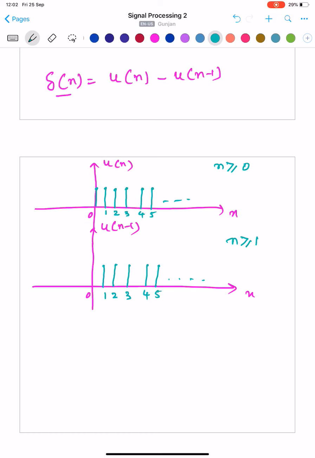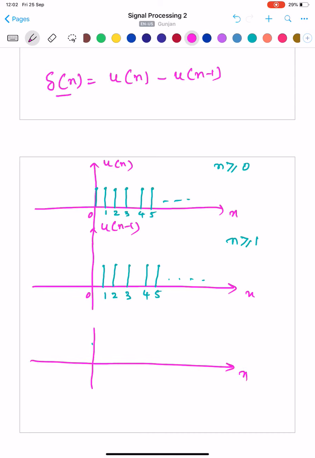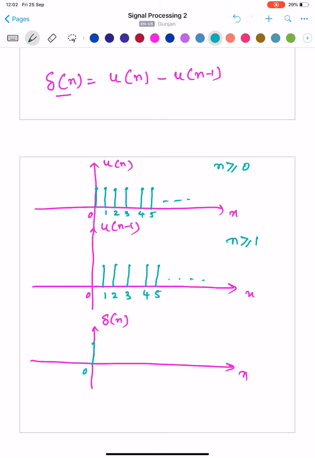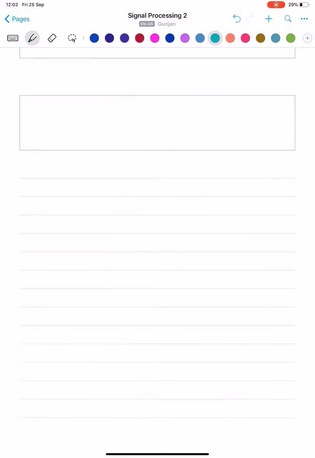If you subtract these two, then you can easily see the signal which will remain will be delta n. And why is it delta n? The only point where you will have 1 remaining will be at n equals 0. So in this way you can find out any of them.